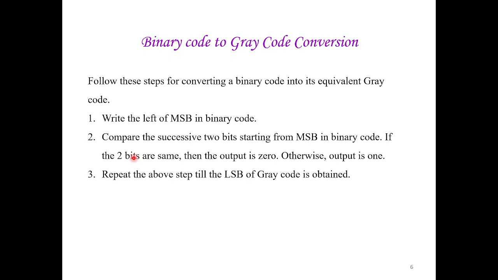So we need to do the XOR operation. If the 2 successive bits are different, then we give 1. Repeat the above step till the LSB of the gray code is obtained.